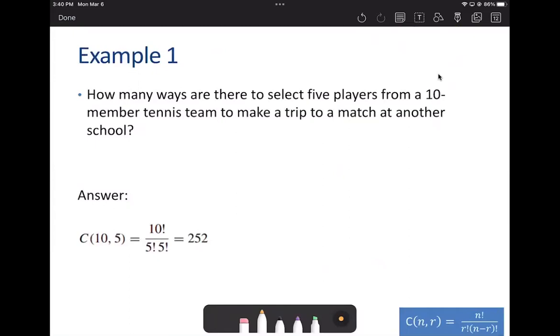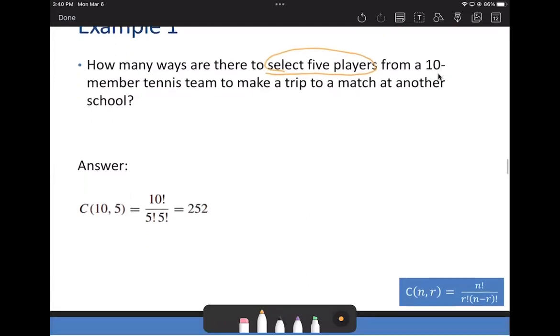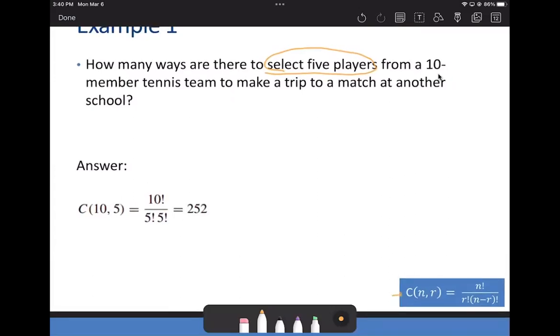How many ways are there to select 5 players from a 10-member tennis team to make a trip to a match at another school? So our only concern is to select 5 players, right, from a 10-member tennis team. So we are simply going to use this formula. We have our n equal to 10 and the r equal to 5.